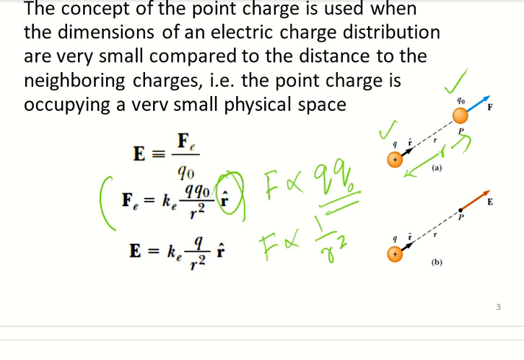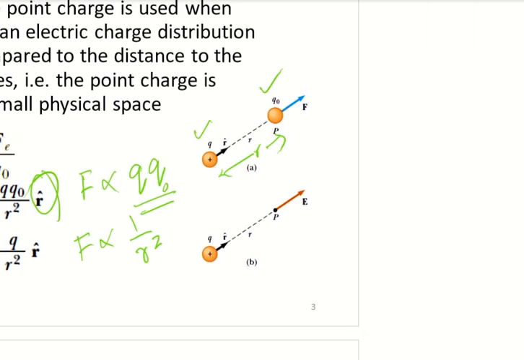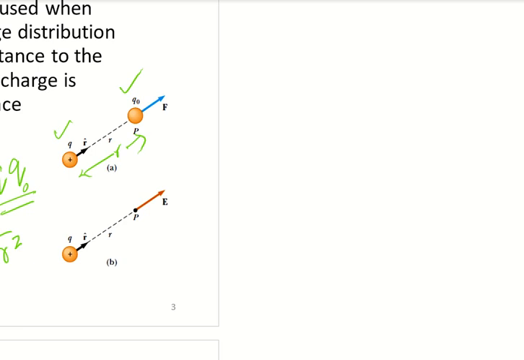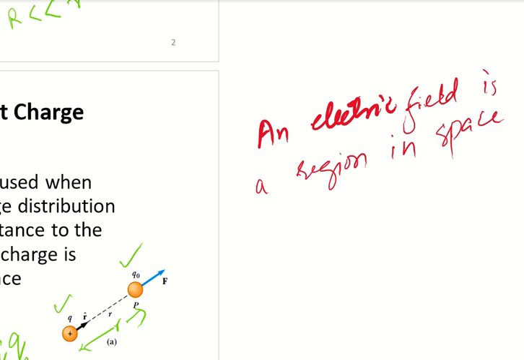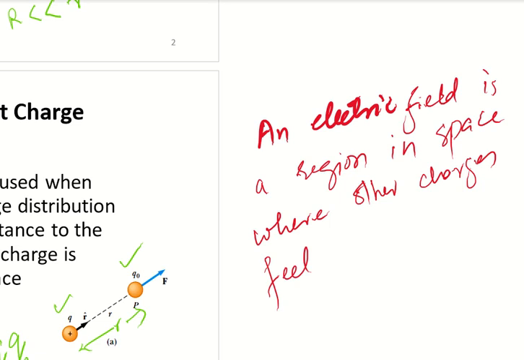In layman's terms, a field is something in which another small point charge, I will write a definition, a field, an electric field, is a region in space in which other charges feel its force.